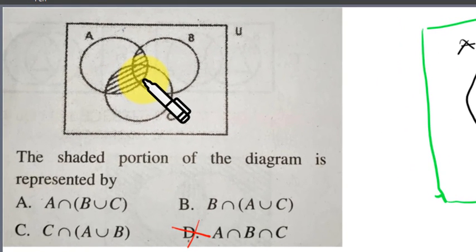The shaded region happens to be partly in B. There is a part in B, this part. Let me shade it. Let me get that part shaded in blue.